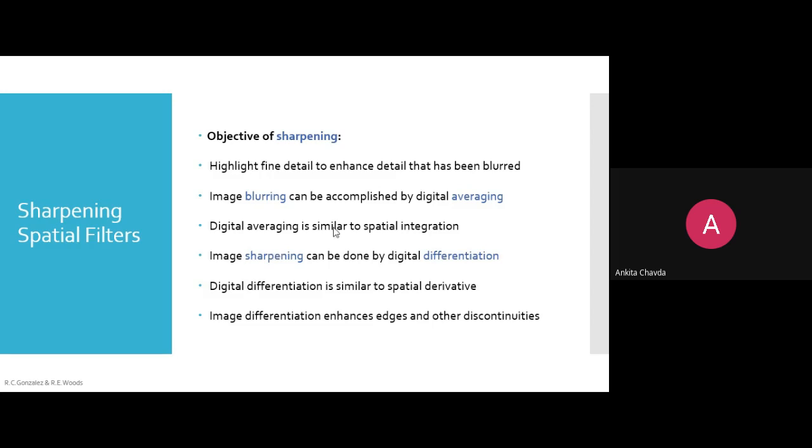So image sharpening can be done by digital differentiation, which is similar to the spatial derivative. Your smoothing is spatial integration, and your sharpening is spatial derivation. Image differentiation enhances the edges and other discontinuities.